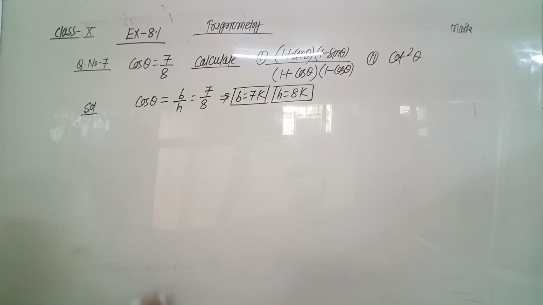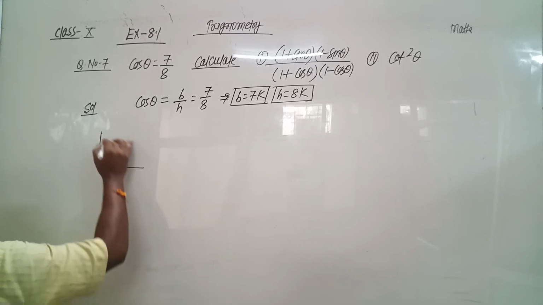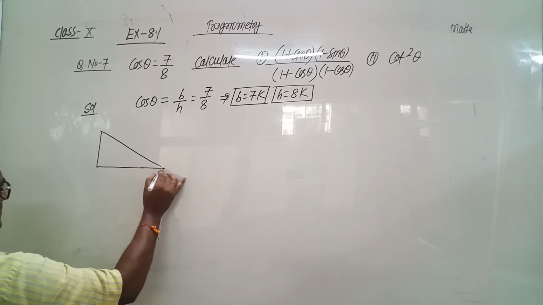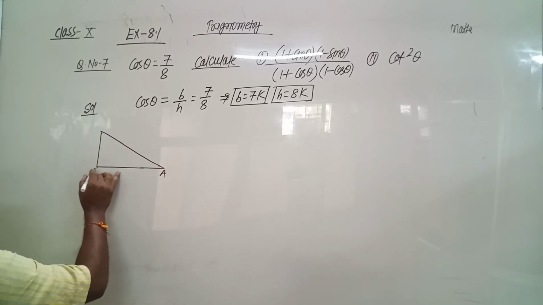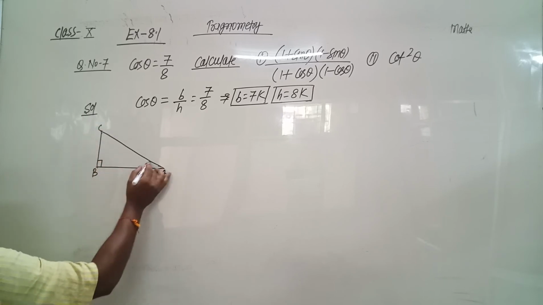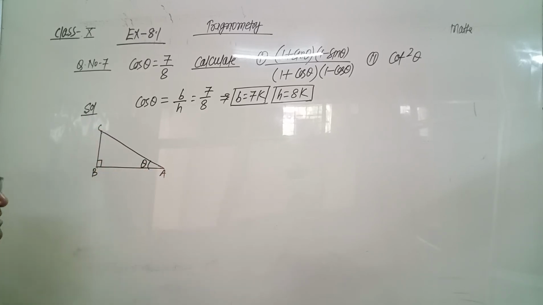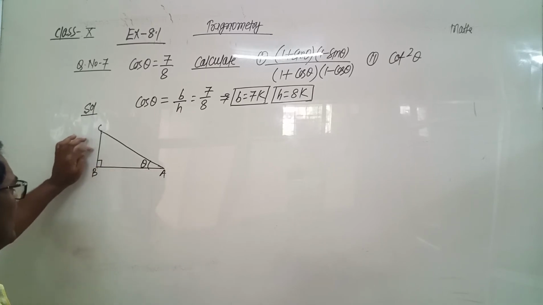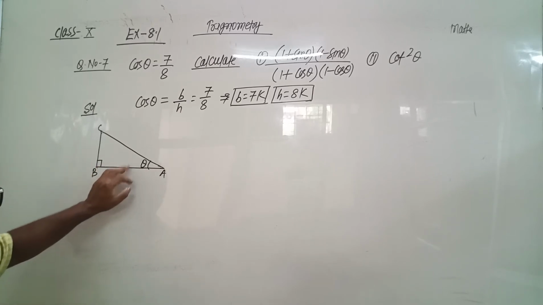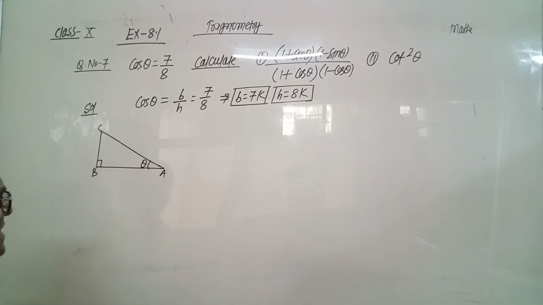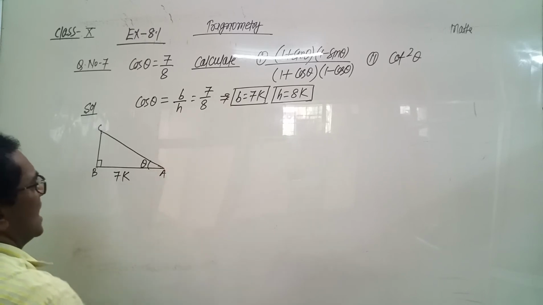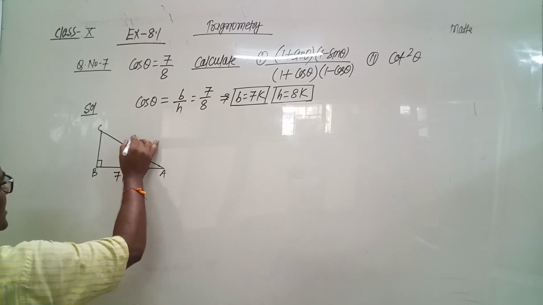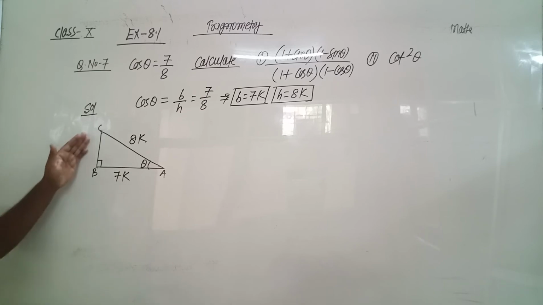Then draw the right triangle ABC. This is acute angle theta. For this acute angle, perpendicular is BC, base is AB, and hypotenuse is AC. So base is given 7k and hypotenuse is 8k. We calculate the value of perpendicular BC.